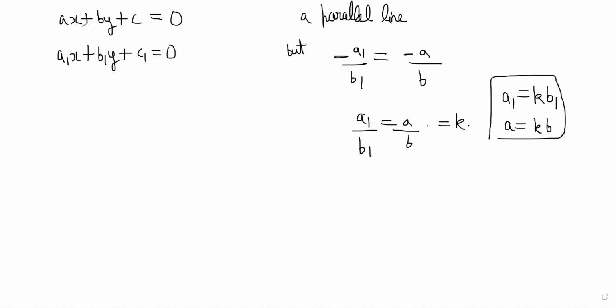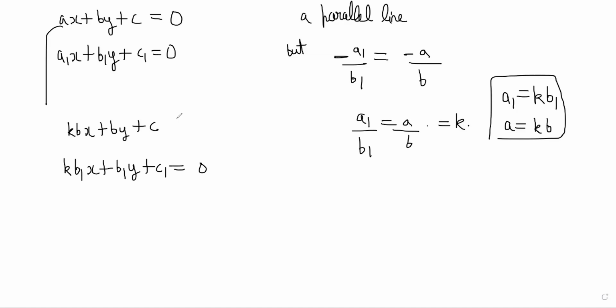So we can write this equation as kbx plus by plus c, and this equation as kb1x plus b1y plus c1. Dividing by b here, you'll get kx plus y plus c by b is equal to 0.